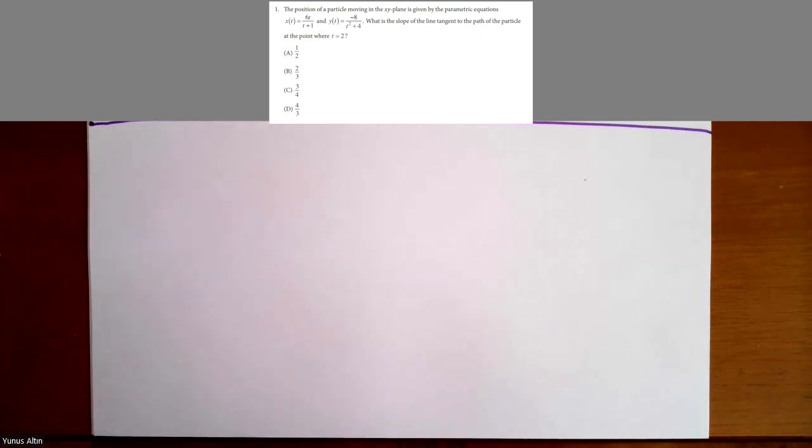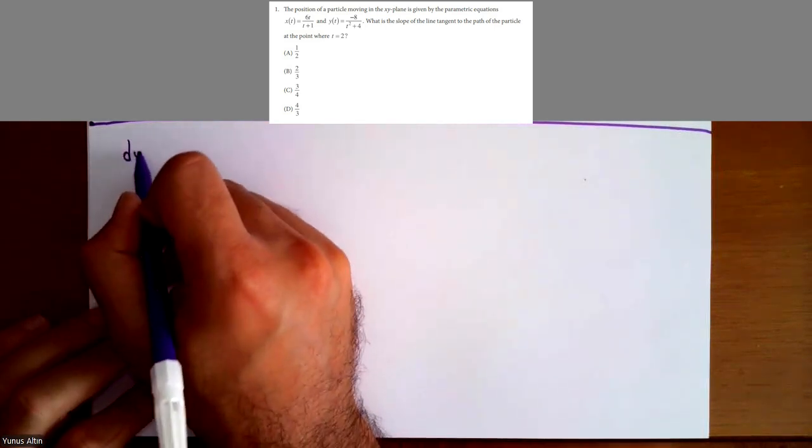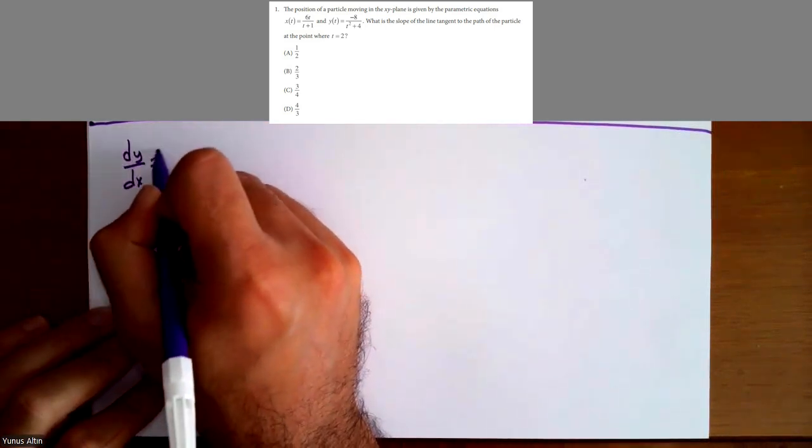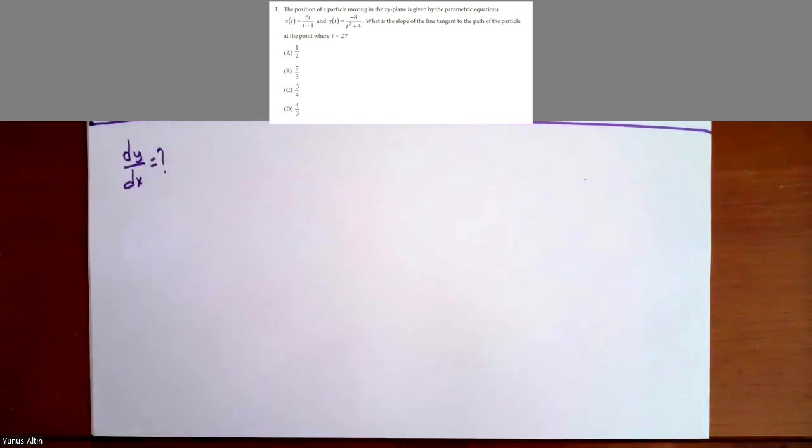What is the slope of the line tangent to the path of the particle at the point where t equals 2? So since the particle is moving through the xy plane and the question is asking about the slope of the line tangent to the path of the particle, we need to find dy over dx. So how do we find dy over dx?